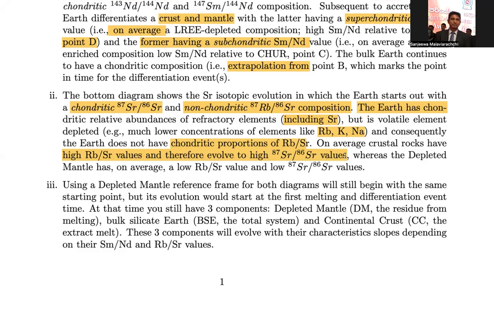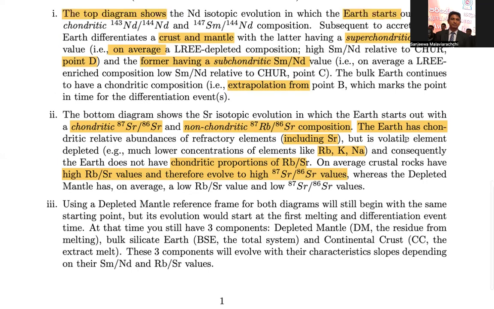So anyway, since rubidium is an incompatible element, you will definitely have high rubidium concentration in the crust. So therefore you will have high rubidium strontium ratio, which we have already discussed in the class, to have high strontium isotope ratios for the crustal rocks, right?